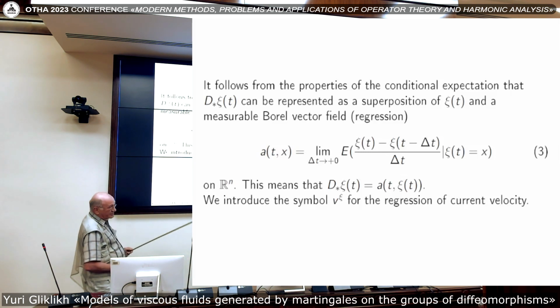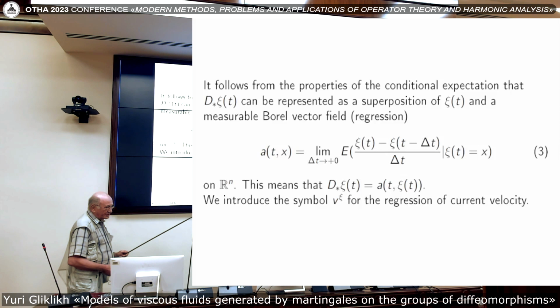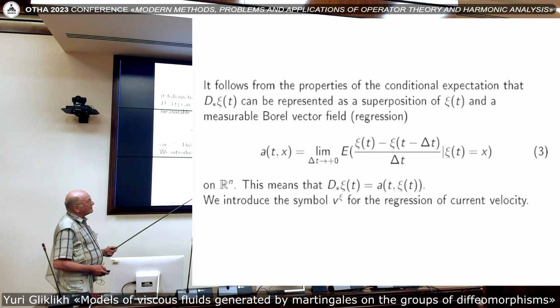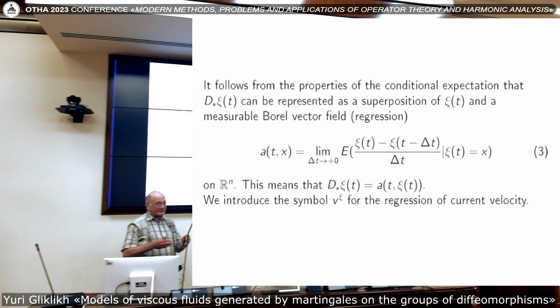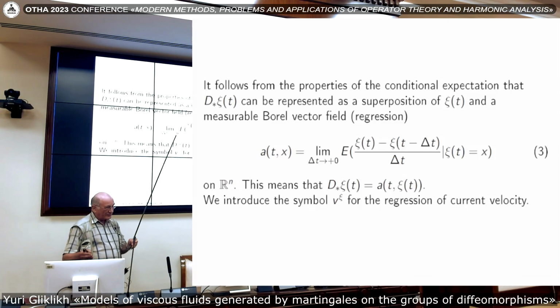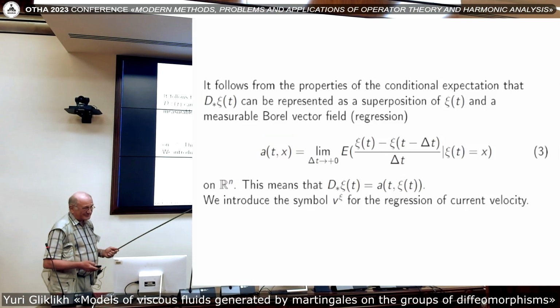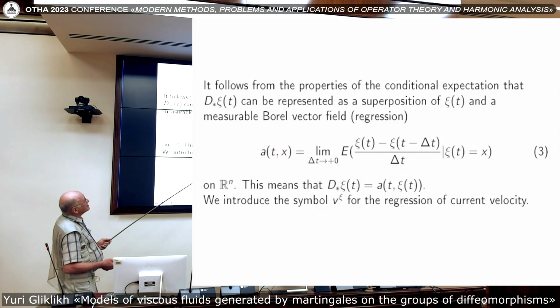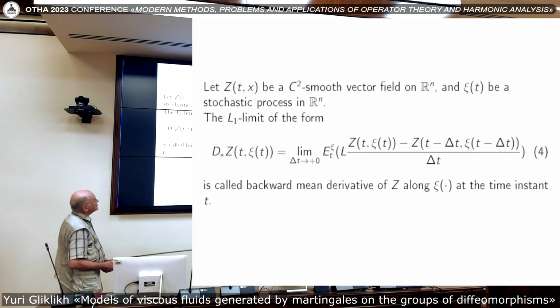If it is not Markovian, then there are several differences, but our examples will be Markovian. And this vector field is called the regression. I will use this term.